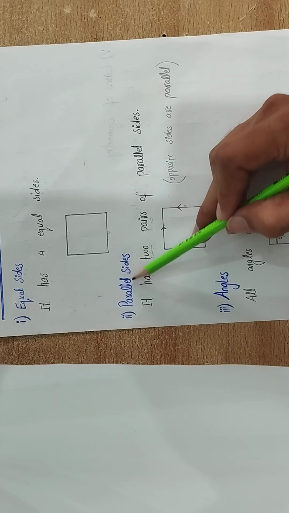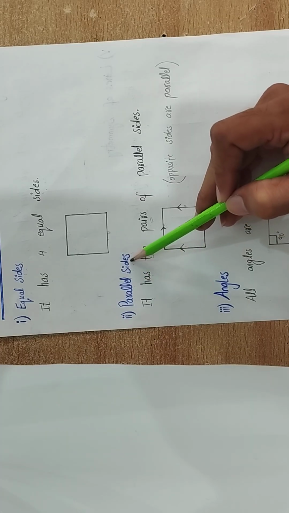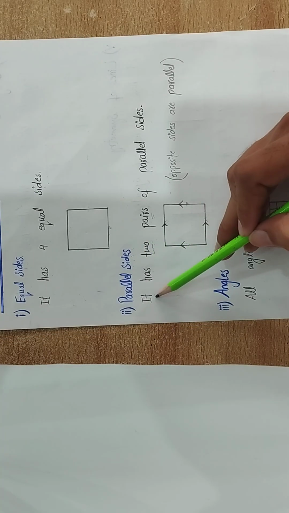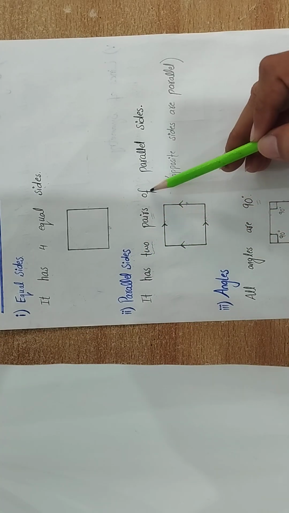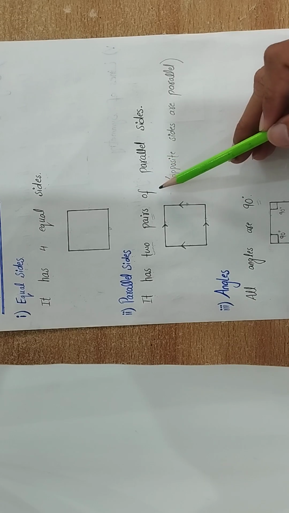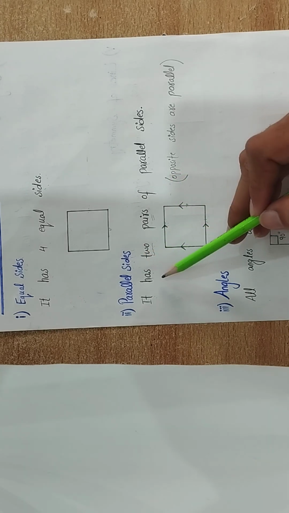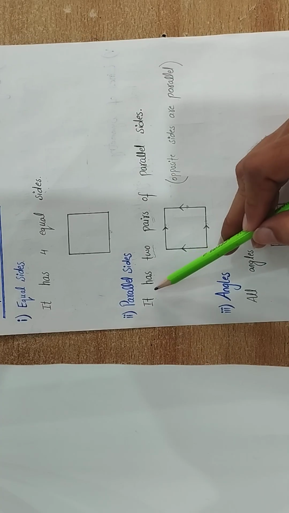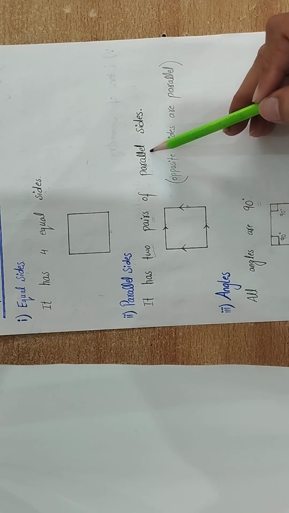Now the second property is parallel sides. How many pairs of parallel sides are there in a square shape? It has two pairs of parallel sides. आपने ये बात याद रखनी है, क्योंकि these are the things which are going to be useful to solve the questions of exercise 5.1. A square has two pairs of parallel sides.